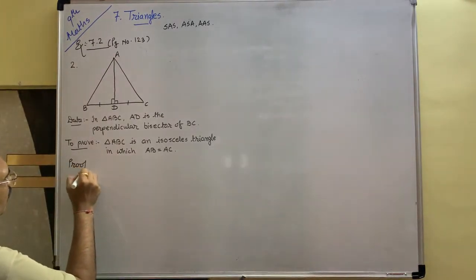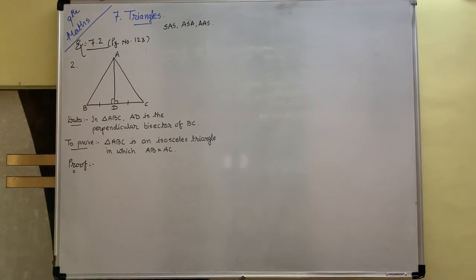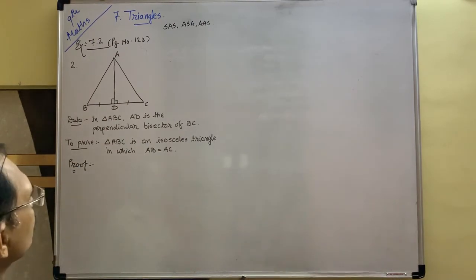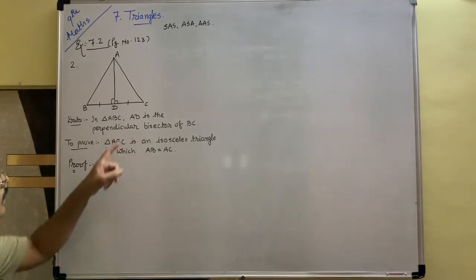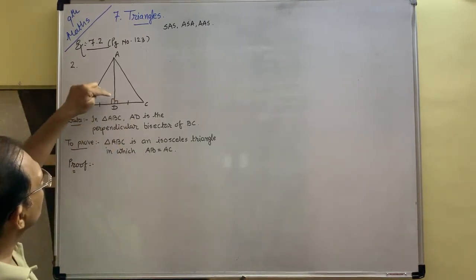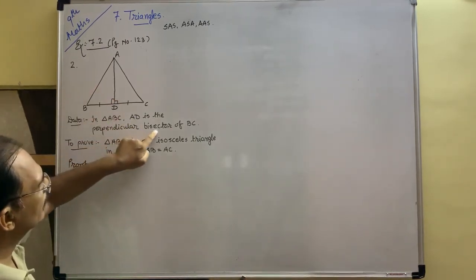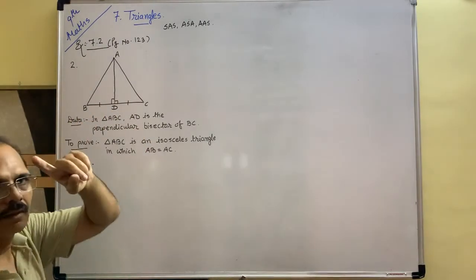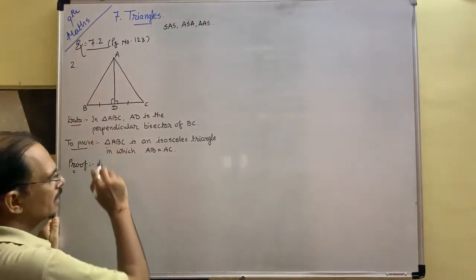If two sides are equal, then you can say that triangle ABC is an isosceles triangle. AD is the perpendicular, meaning 90 degrees here and 90 degrees here, and bisector means it bisects BC. It is given. So we start with the data.